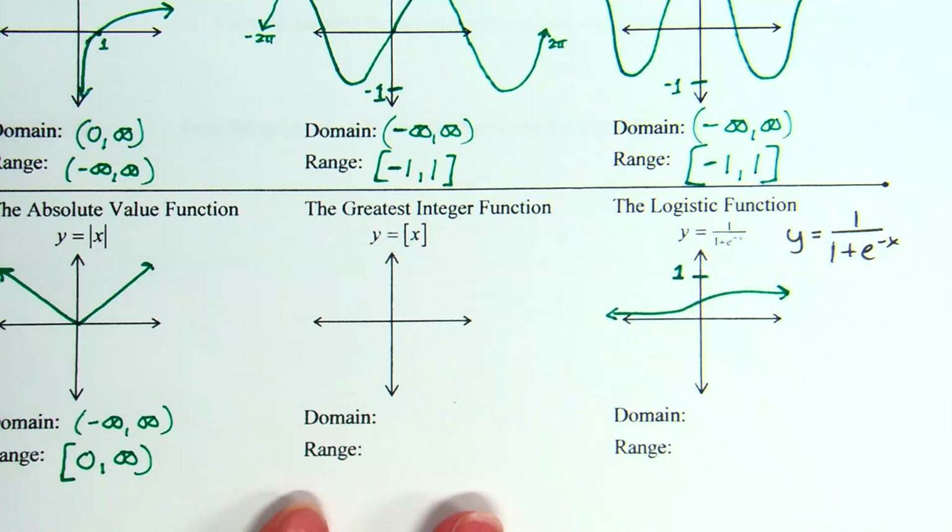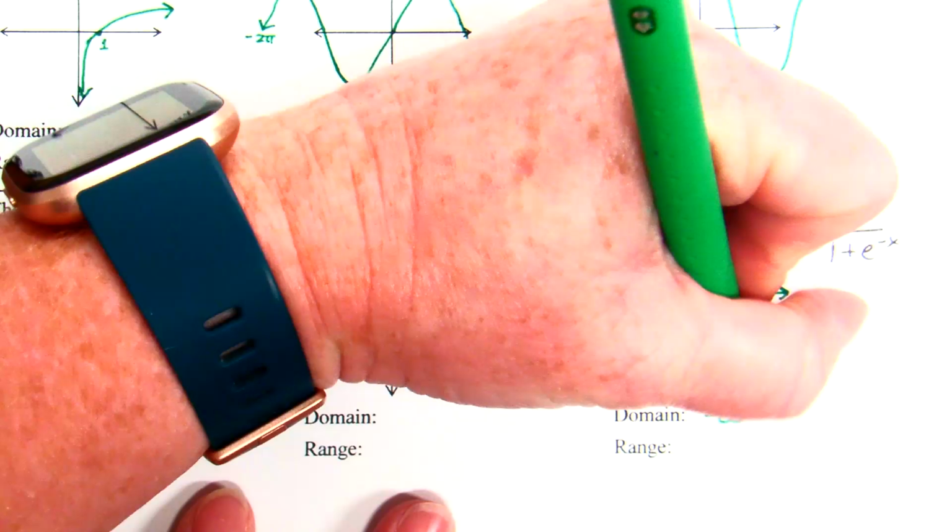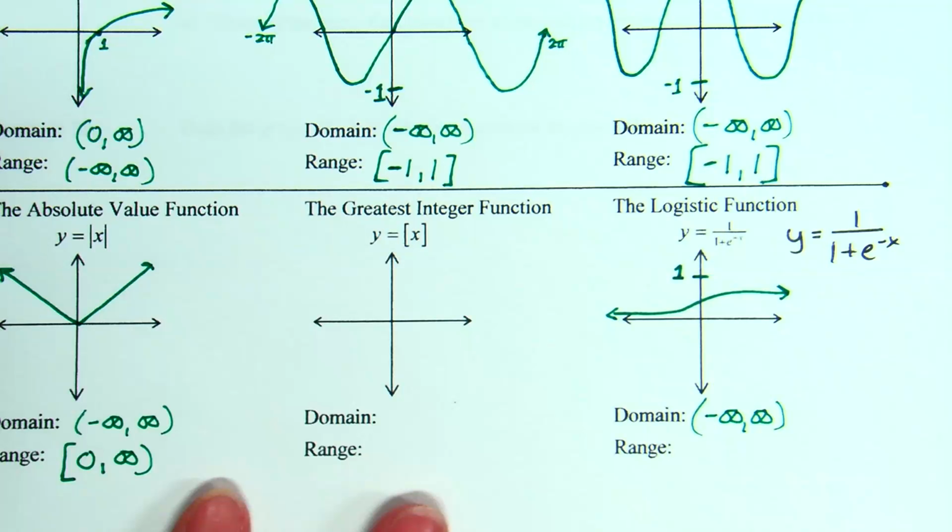It is never going to go above 1, and it is never going to go below 0. So, domain, negative infinity to positive infinity. Okay? And range, it goes as low as 0, as high as 1. But it does not touch 0 and 1, so it's 0 to 1 with parentheses.